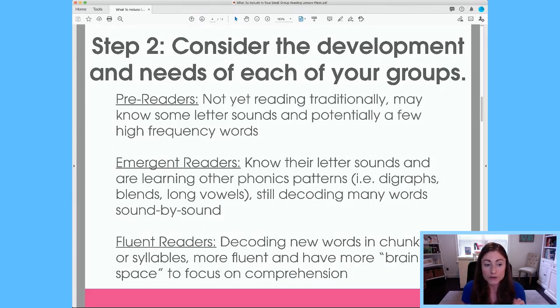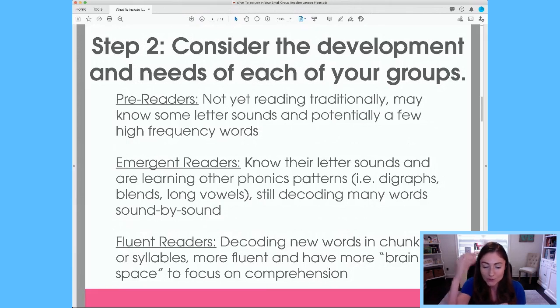And during the pre-reader and emergent reader stage, I would even say a little bit in the fluent reader stage, we are helping our kids develop a third part of the brain. And that third part of the brain is where our brain is taking the visual information, like this is the letter C, and the sounds information, and we are helping kids develop this area of the brain by putting those two things together.